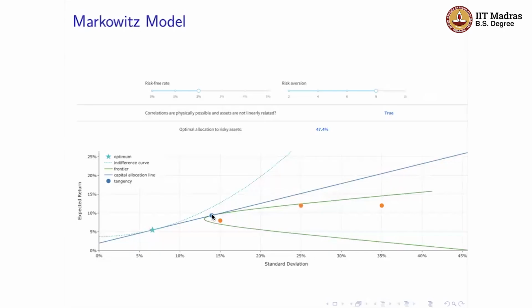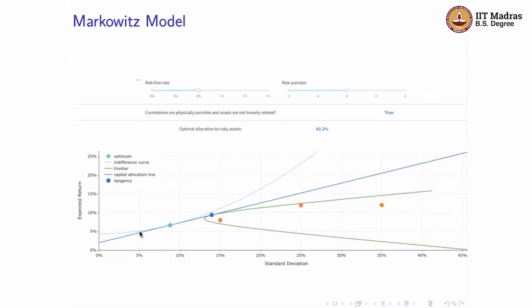So this makes sense. If you're more risk averse, you are going to choose an optimal point with a lower expected return, but more importantly, a lower standard deviation. You have just moved along this line to the left.